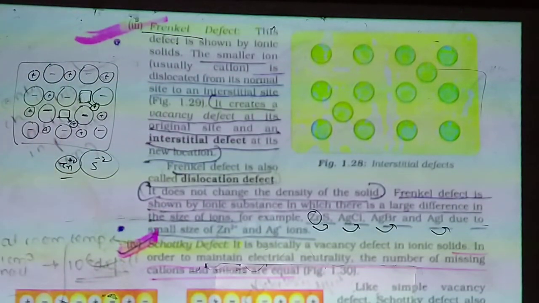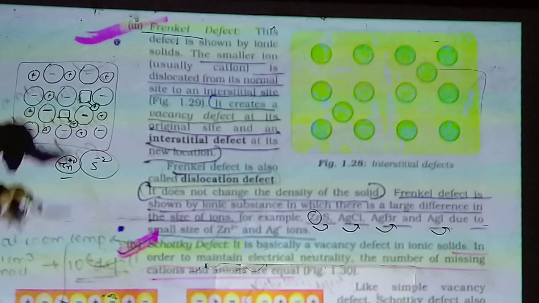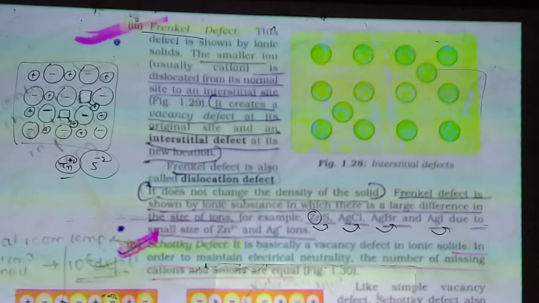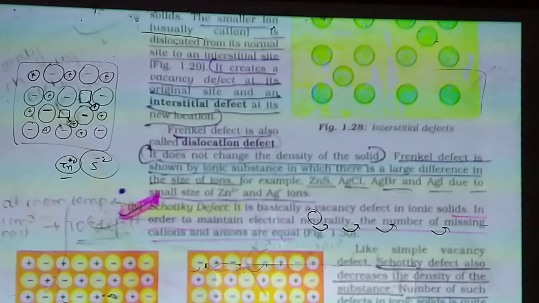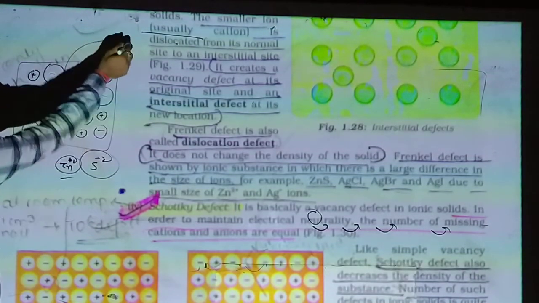Zinc and silver move from their original place in the regular arrangement and a vacant space occurs. Such a defect we call dislocation defect, interstitial defect, or vacancy defect. In this defect, no change occurs in density. Why? No particles are coming from outside, and no particles are leaving the crystal.